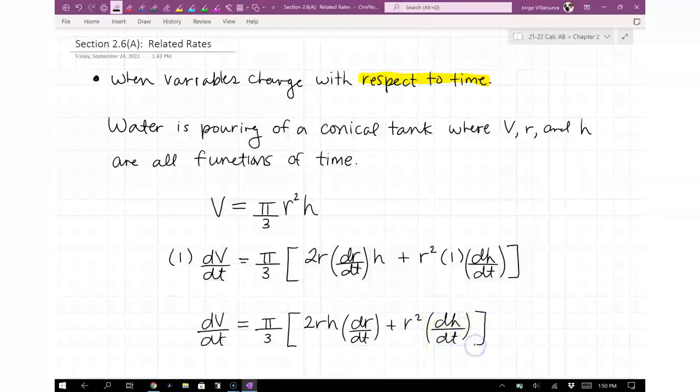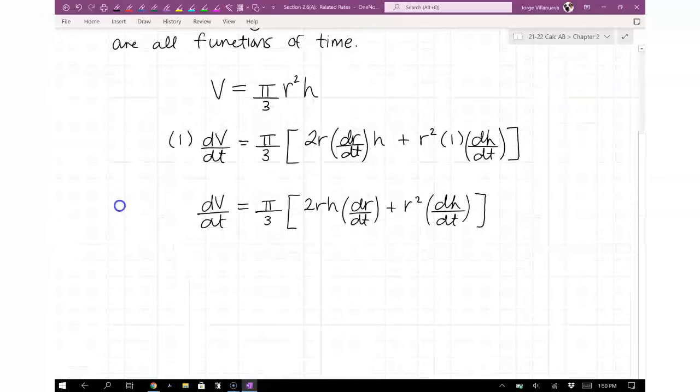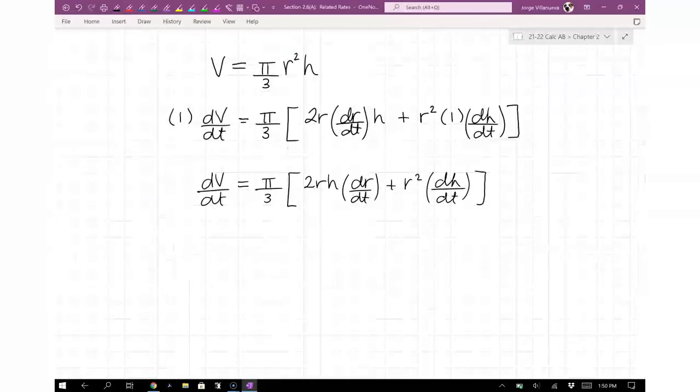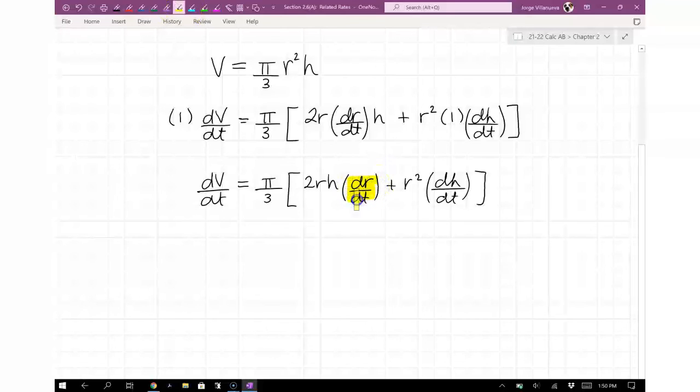And what I have here is a function that relates how the radius will change over time, right? This right here tells me how the radius is going to change over time. If I wanted to figure that out, I just solve for dr/dt. If I wanted to figure out how the height changes for this conical tank over time, that's right here, dh/dt.